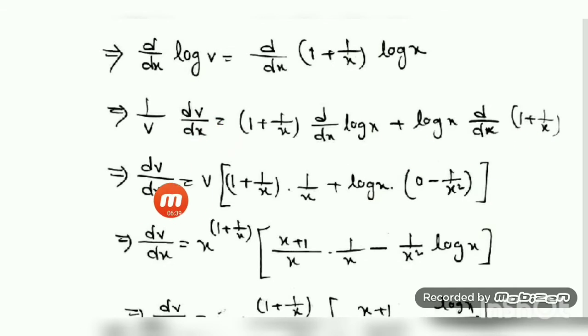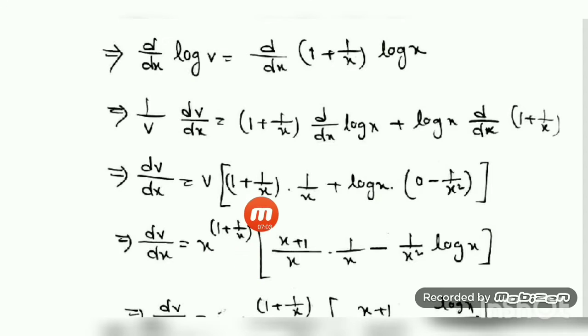Then here I just bring this v to the right side and it becomes dv/dx equal to v into (1 plus 1/x), and d/dx of log x is 1/x. This is the direct formula. Plus log of x, and d/dx of 1 is 0, and d/dx of 1/x is minus 1/x squared. This simplification step is done. Then we get dv/dx equal to, what is v? Substitute x to the power 1 plus 1/x.